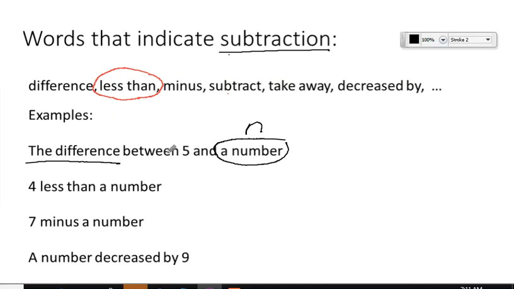So if we're doing the difference between 5 and a number, it would look like this. The difference between 5 and a number. Difference just means subtraction.